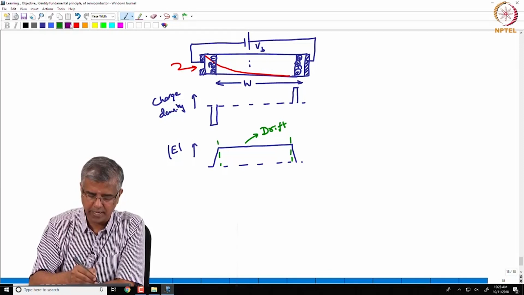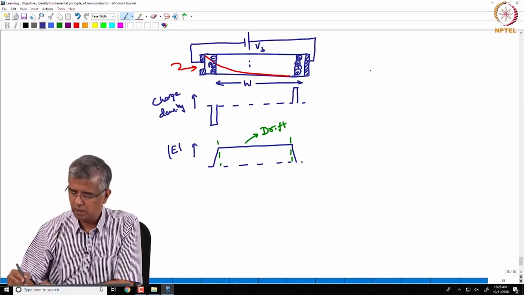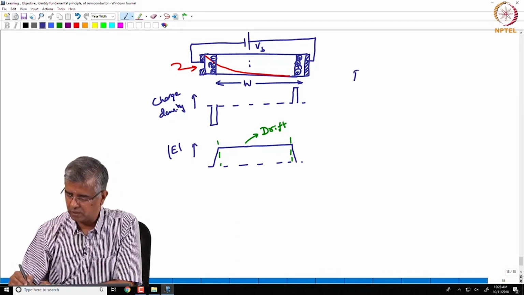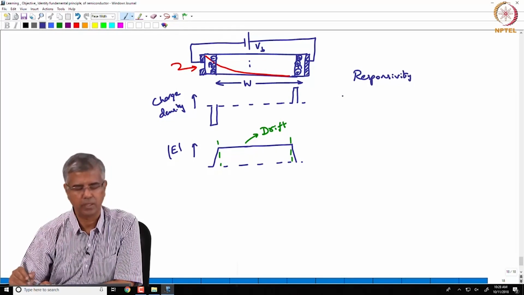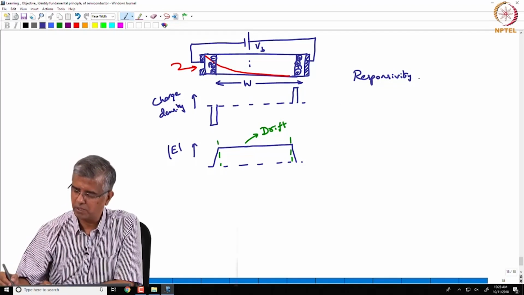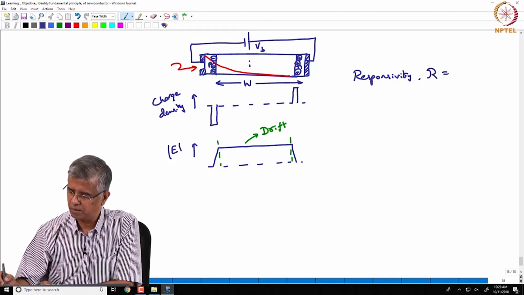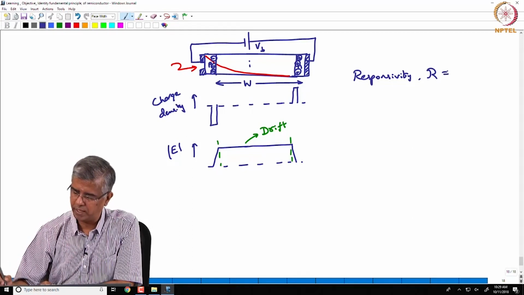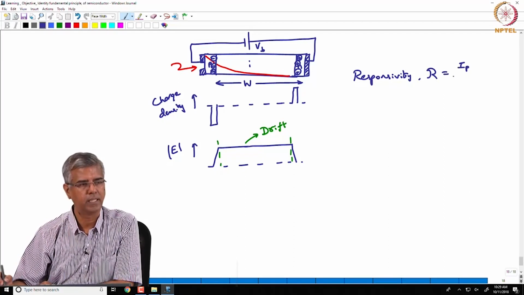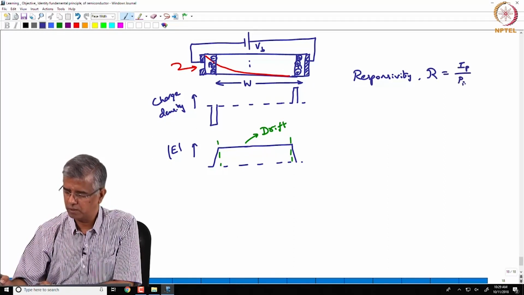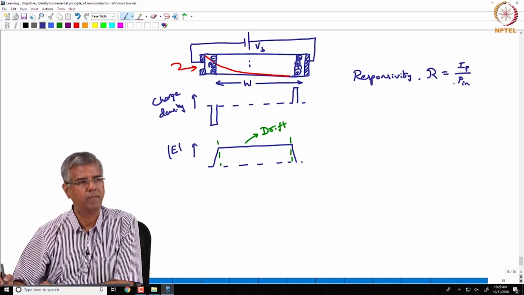So, let us now track the characteristics of the photodiode. Let us start with responsivity of the photodiode, right. So, responsivity, which is denoted by R, is essentially given by the photocurrent generated, let us say IP, for a certain level of power that is incident on the photodiode.